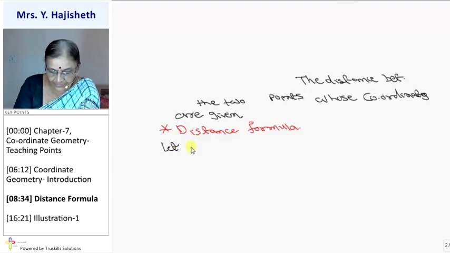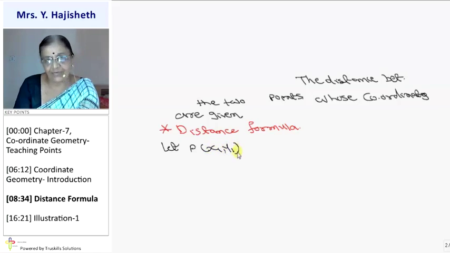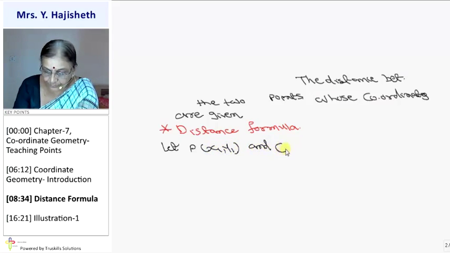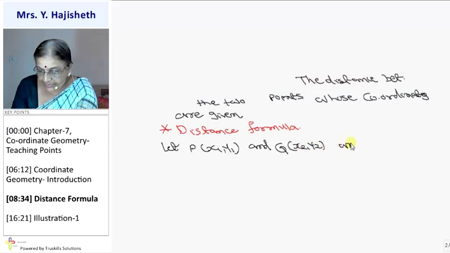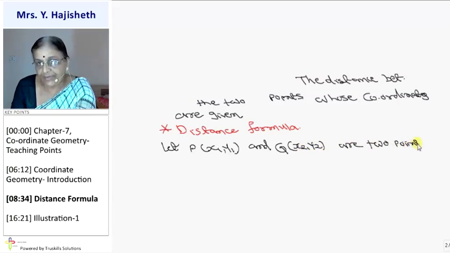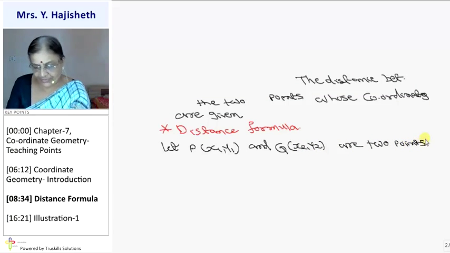Let P be a point whose coordinates are x1, y1. And Q is a point whose coordinates are x2, y2. These are two distinct points in a plane, neither horizontal nor vertical.